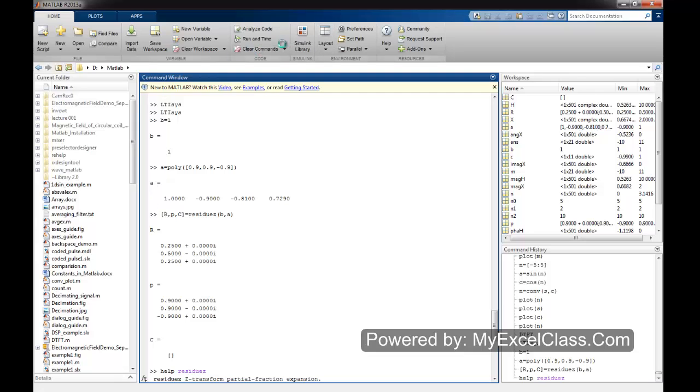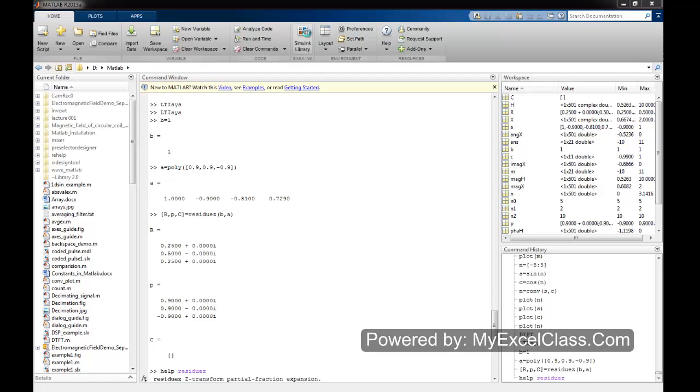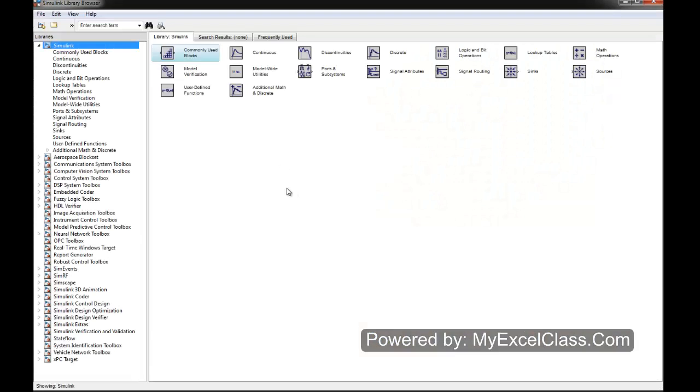The Simulink is taking long to load. While it's loading, let me show you. Okay, so here's my Simulink.